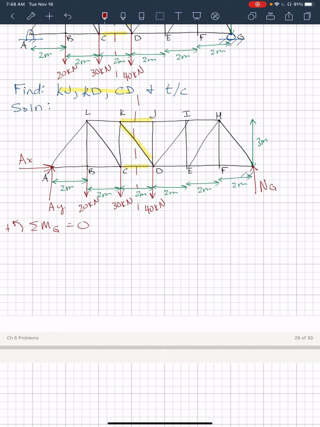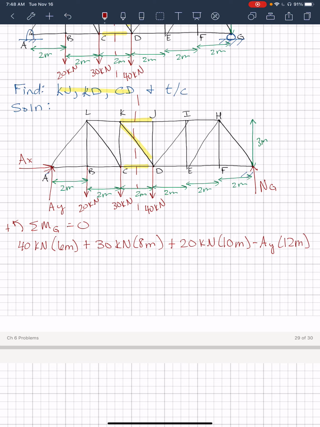So we have some moments about G. If we go down to the force at 40 kilonewtons, that'll be a positive force times 6 meters, a positive moment because it's coming out of the board with the right-hand rule, plus 30 kilonewtons times 8 meters, plus 20 kilonewtons times 10 meters, minus that AY times 12 meters.